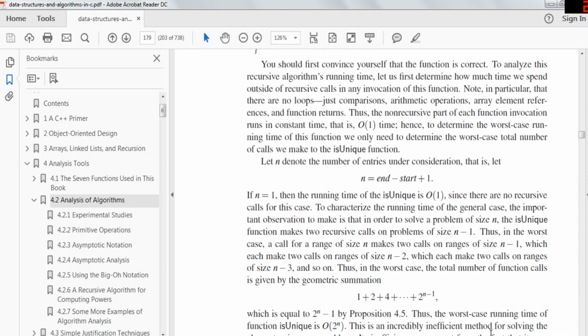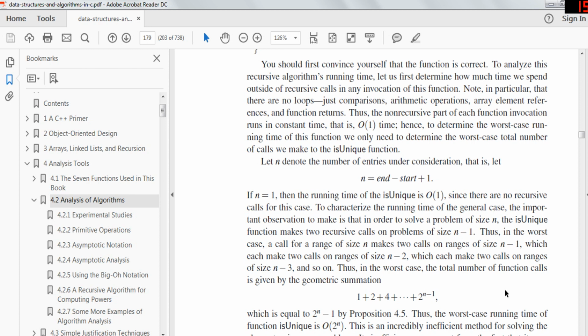But to analyze the general case, unique makes 2 recursive calls on problems of size n minus 1. Thus, in the worst case, a call for a range of size n makes 2 calls on ranges of size n minus 1, which each make 2 calls on ranges of size n minus 2. Each of these makes 2 calls on ranges of size n minus 3.